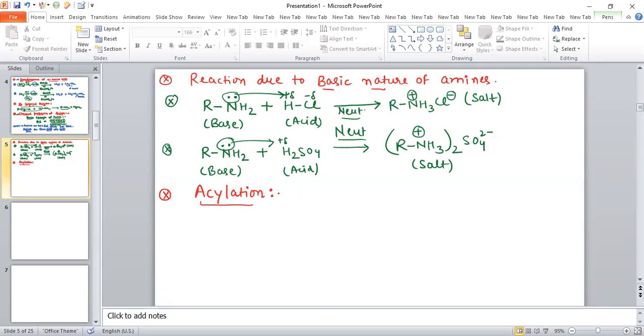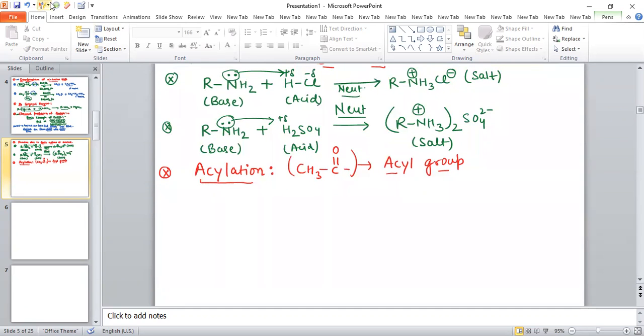Acylation reactions have an acyl group. So in the acylation reaction we have an acyl group, and this group is basically the acyl group. This reaction is also related to the basic nature of amines.